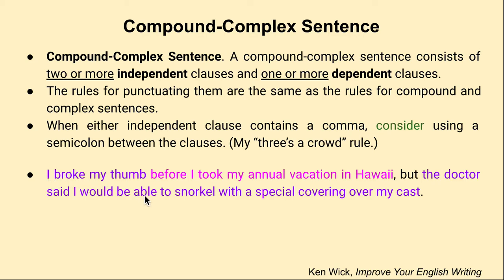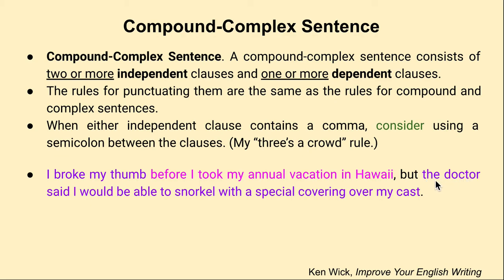So here's a compound complex sentence. I broke my thumb. This is independent. Before I took my annual vacation in Hawaii, which is a dependent clause, comma, but. Here I'm joining the independent clauses.